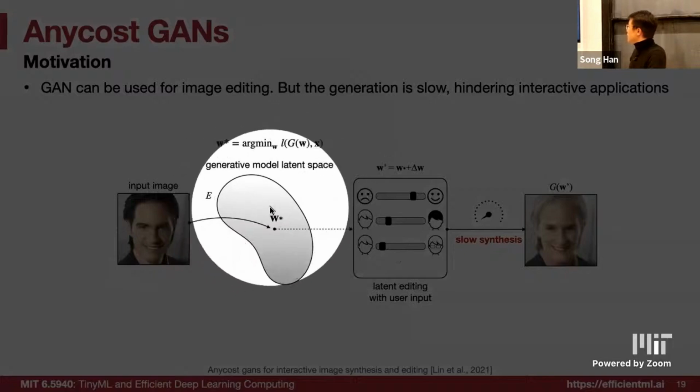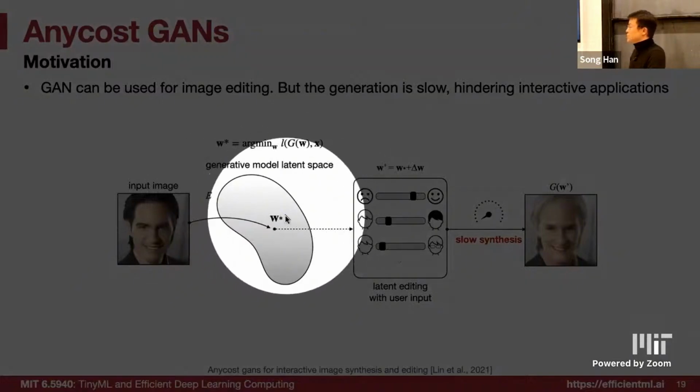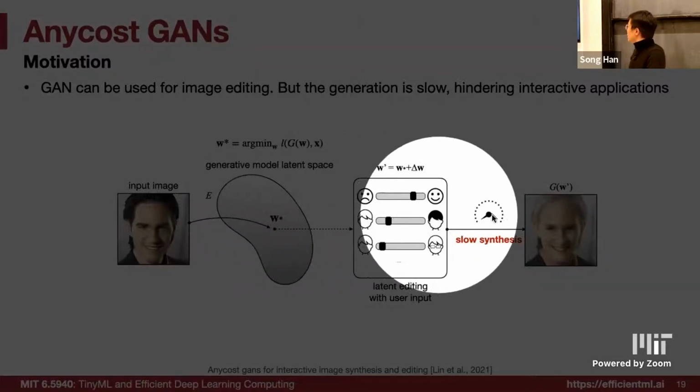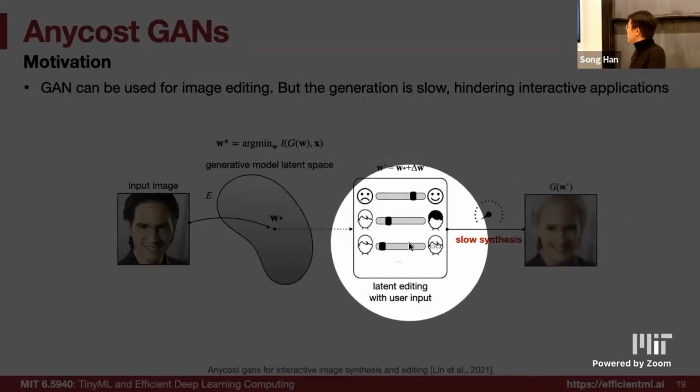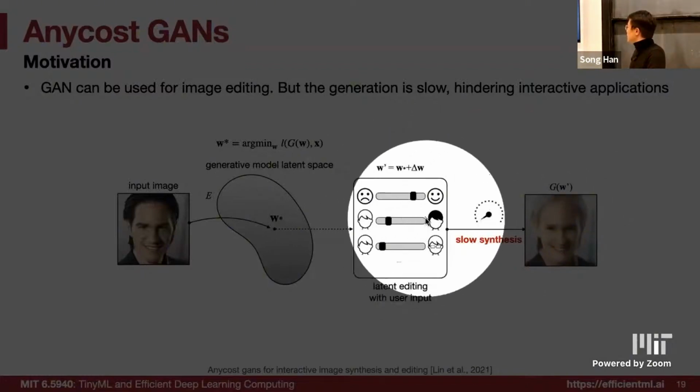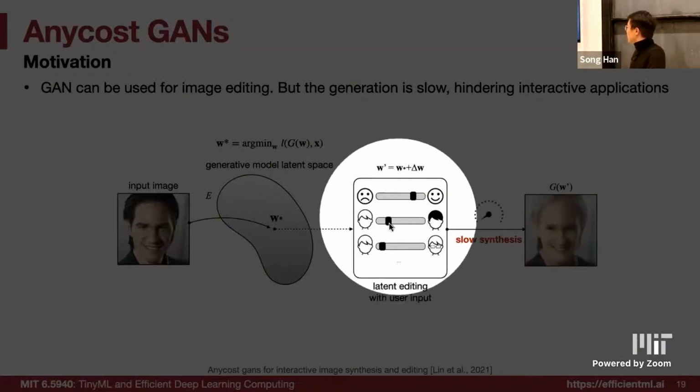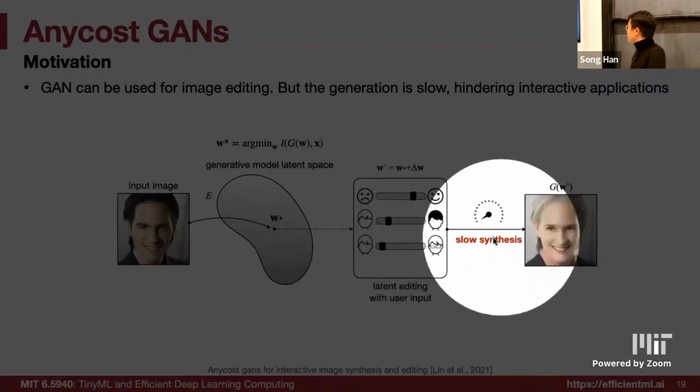Okay, and then we feed the vector in the latent space as input to the generator, and then generate the image.